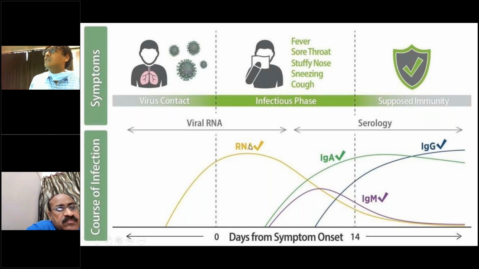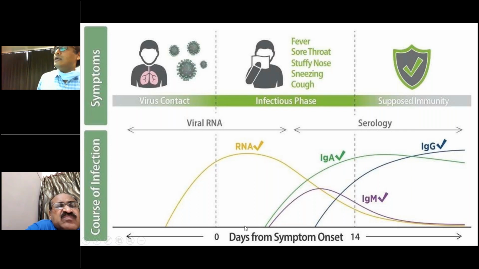This is the time when there is high viremia and a high load of virus in the respiratory secretions, and we can diagnose the virus with the help of the various molecular tests which madam has discussed.